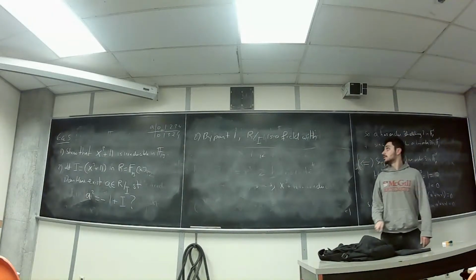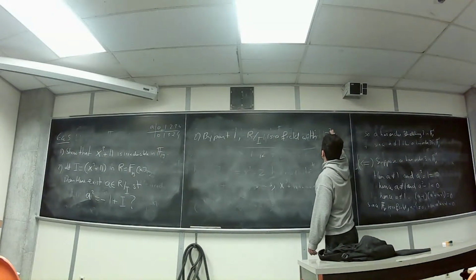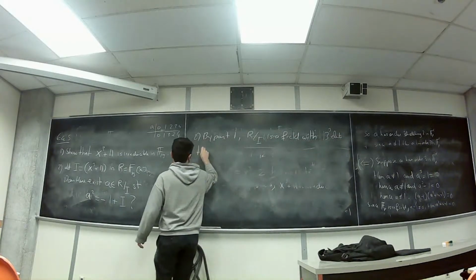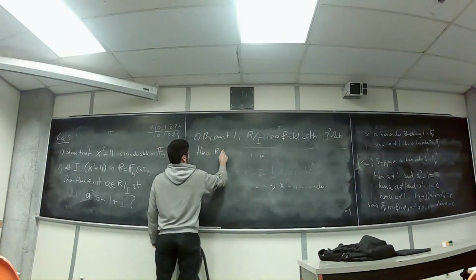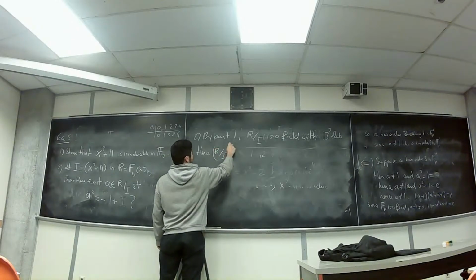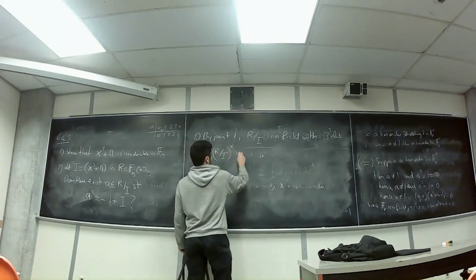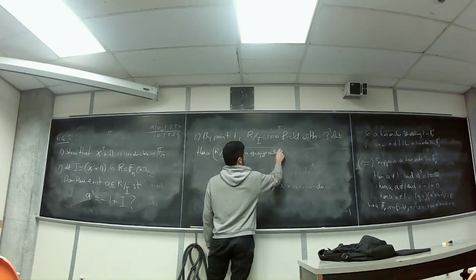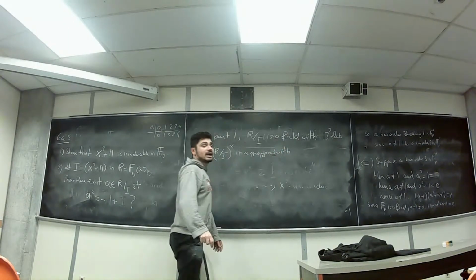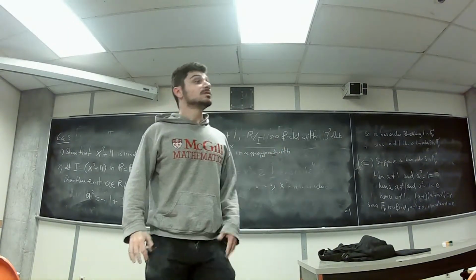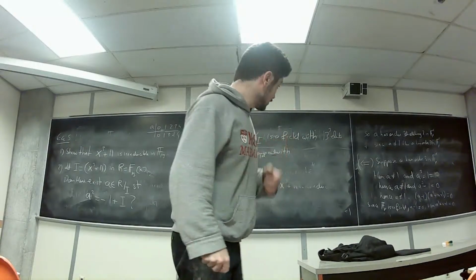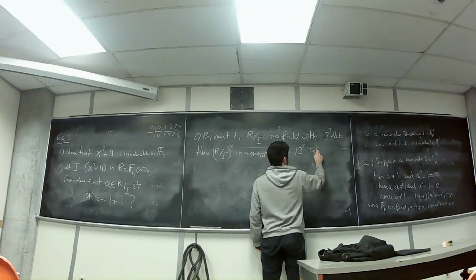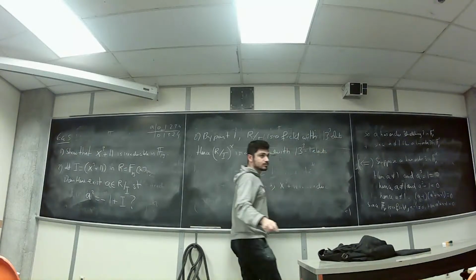Yes? 13 to the 3 elements. Okay? Hence the group of units of R mod I is a group with how many elements? 13 cubed minus 1.